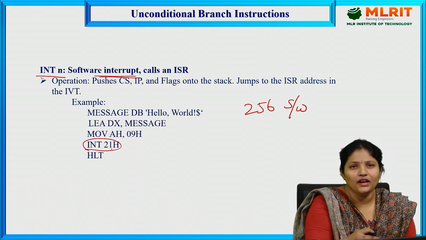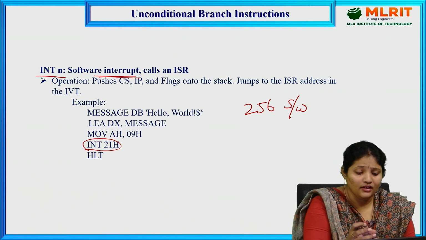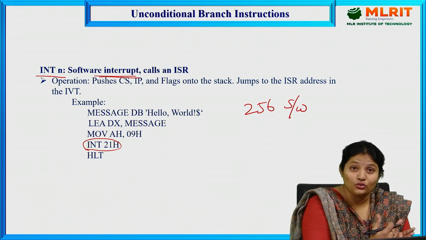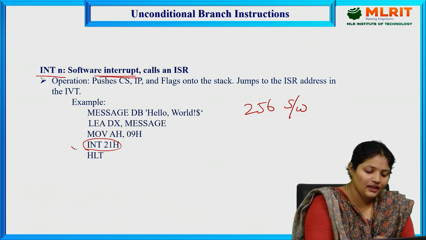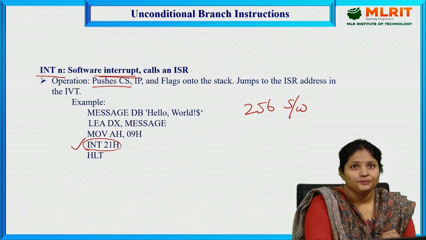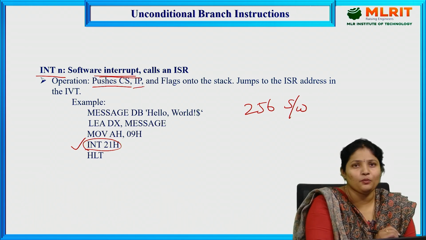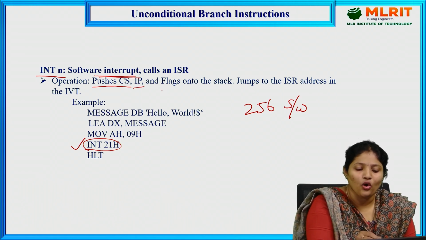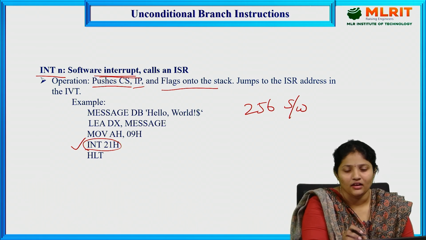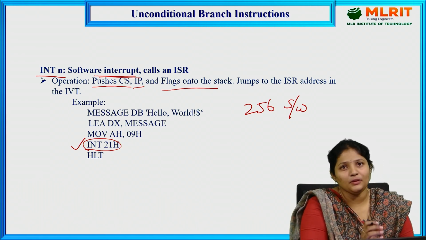If we are executing any program and the processor encounters an interrupt instruction like this, then it pushes the CS code segment value into the stack, the instruction pointer value into the stack, and all the values of the flag registers into the stack. Then it will jump to that particular location.